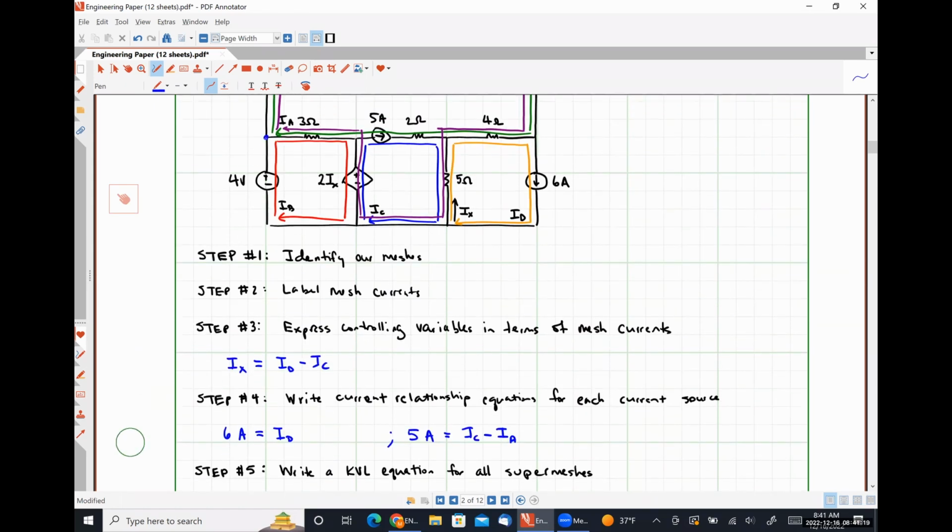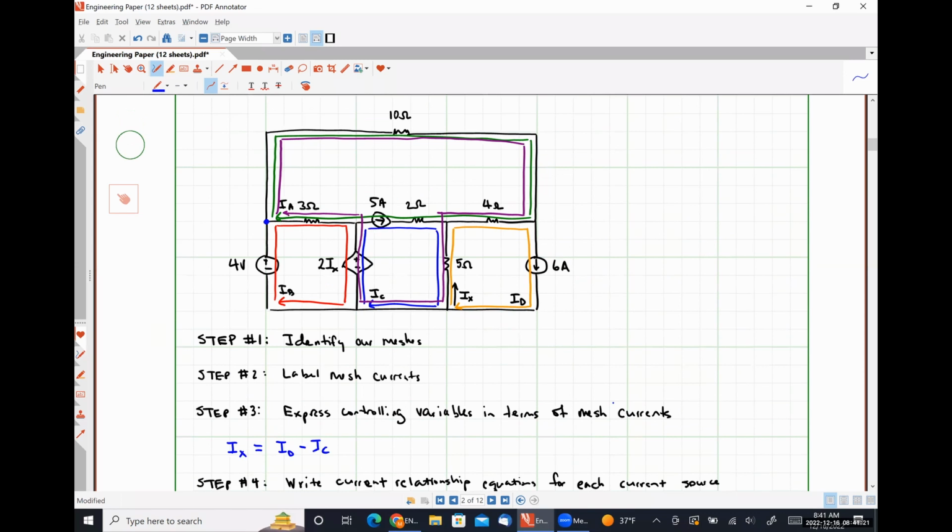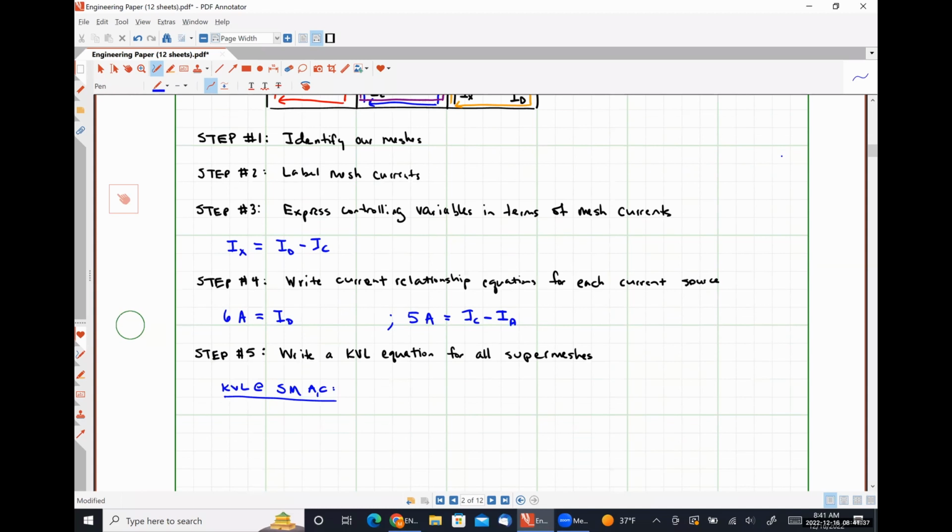So we're going to start from this bottom left-hand corner, and we're going to follow the purple path. What should our first term be? Ten times IA. Absolutely correct.